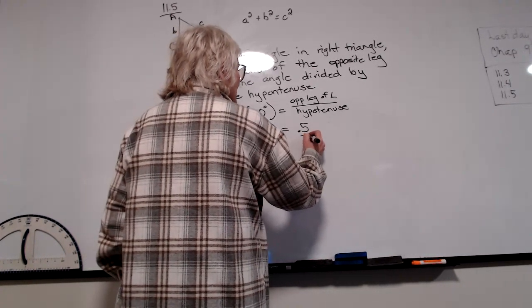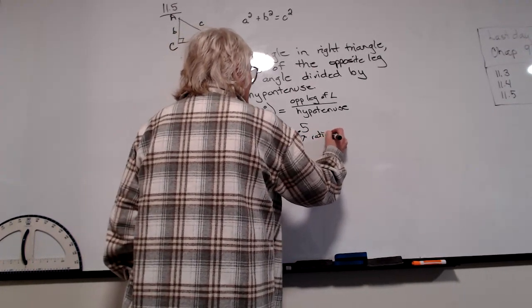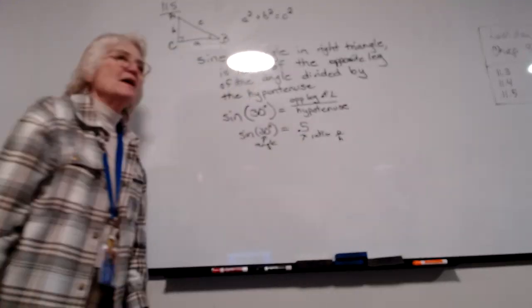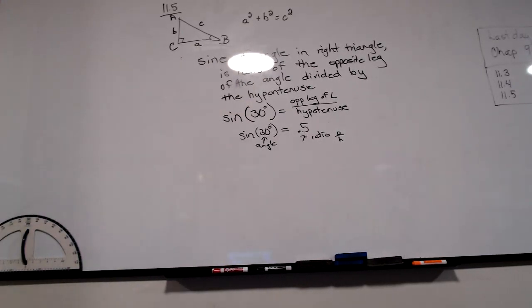This is the ratio of the opposite over the hypotenuse, and I abbreviate O over H because that's easier than writing all that out.